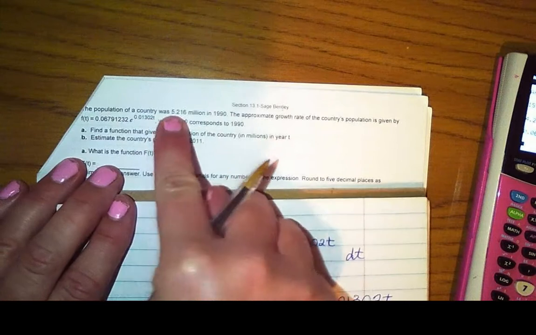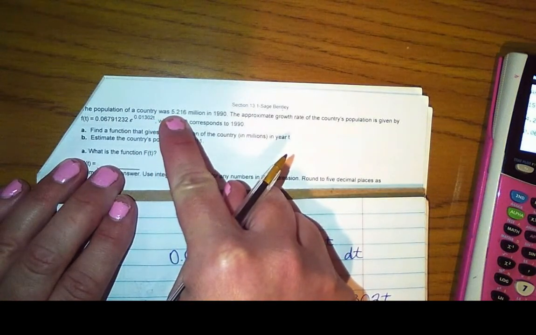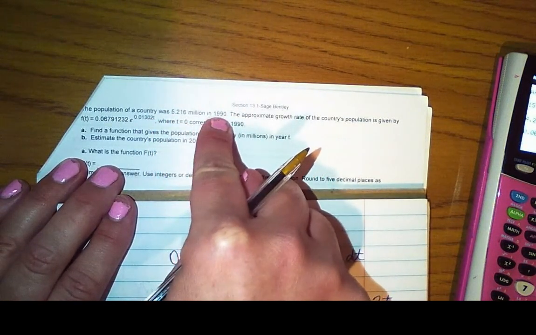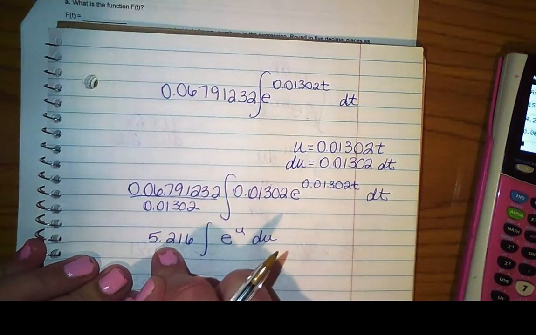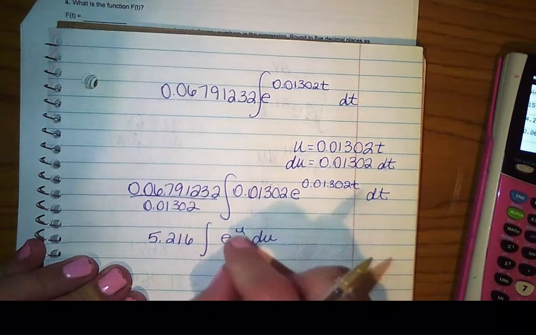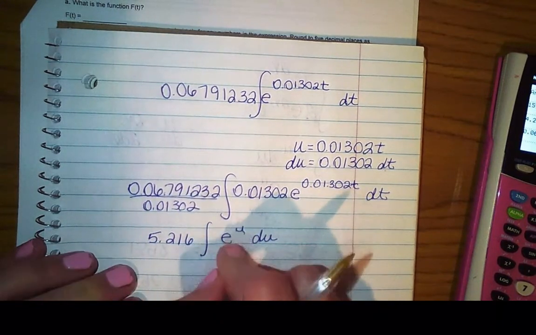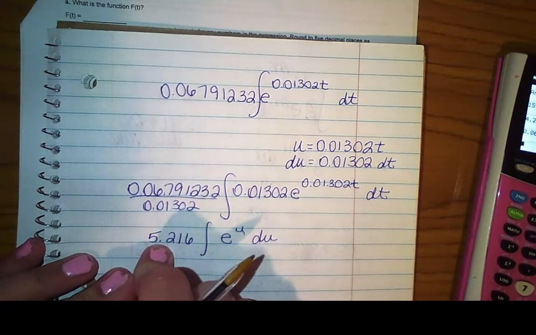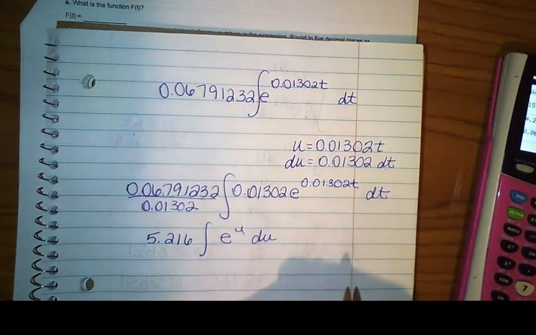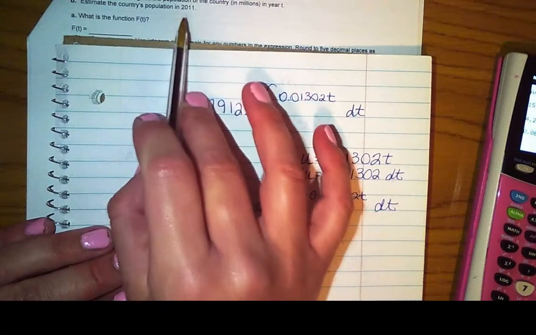Okay, so now look and see what we were given. The population of a country is 5.216 in 1990. So what did we just find? We just found out that it was 5.216 as long as this is 0, because e to the 0 would be 1, and 1 times this is 5.216. So we've used substitution to just verify what we had here.